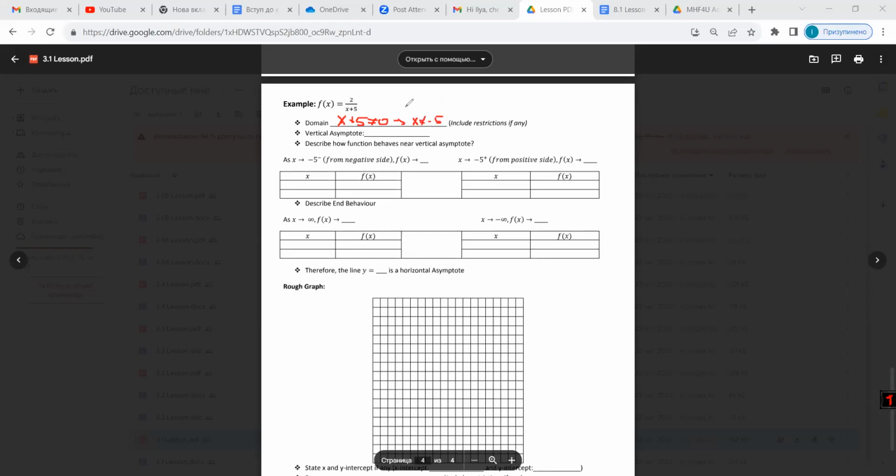We can make a conclusion that our domain is all x excluding x equals -5. Okay? We can make a conclusion that we're going to have a vertical asymptote x equals -5.